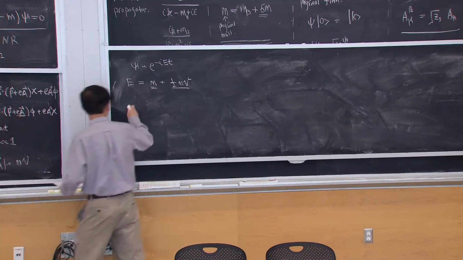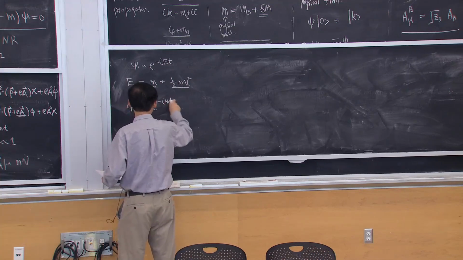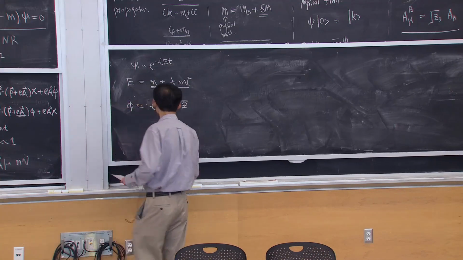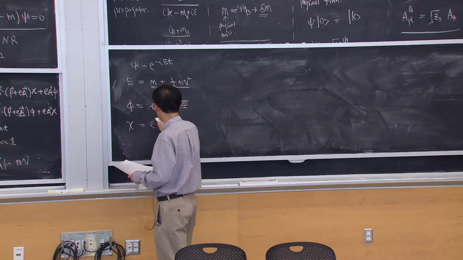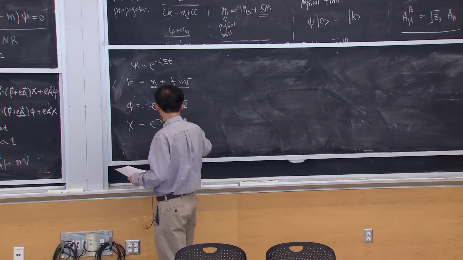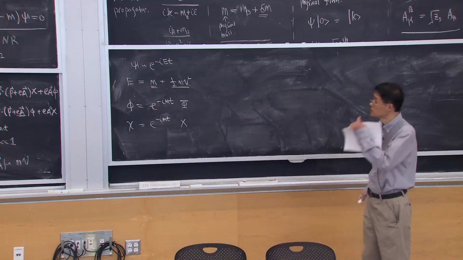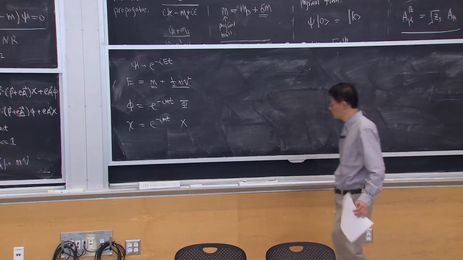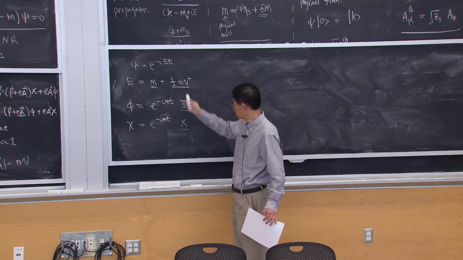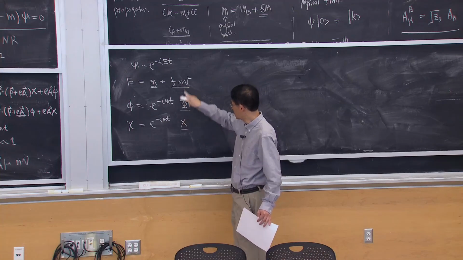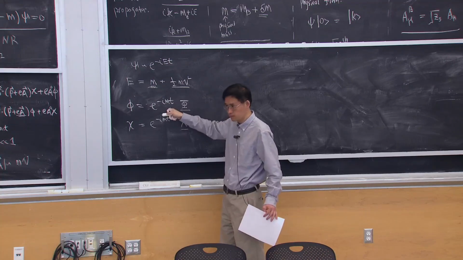We write phi equal to exponential of minus imt times capital phi, and chi equal to exponential of minus imt times capital chi. So now these fields only contain the low energy part; we have already isolated the big piece.